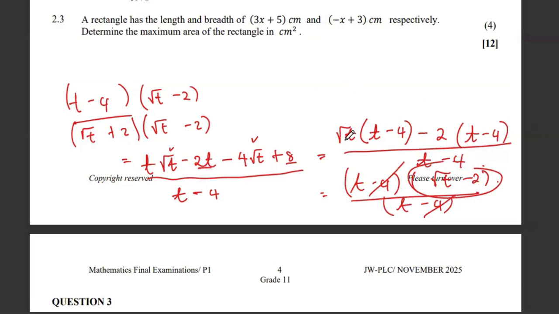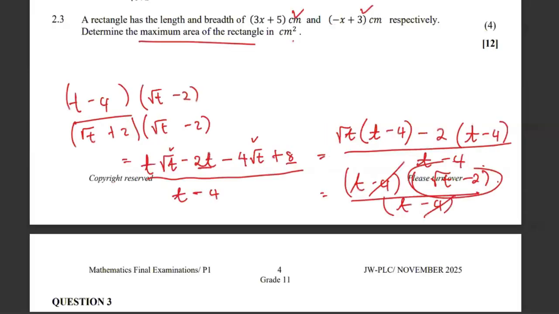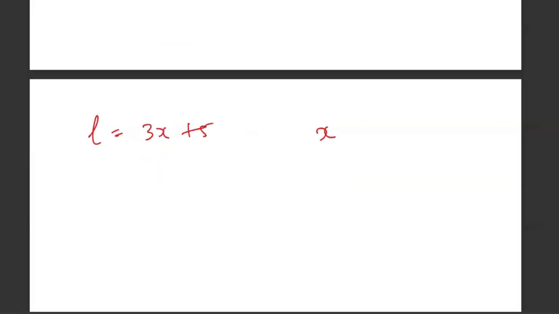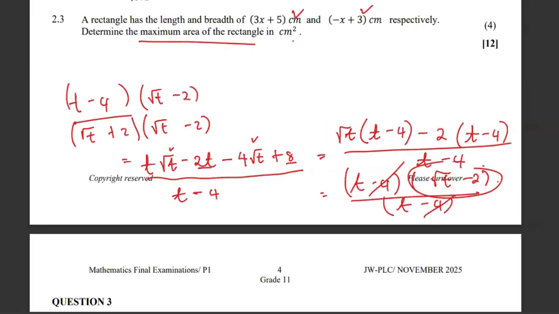A rectangle has the length and the breadth to be this much. Determine the maximum area. So 3x plus 5, and then minus x plus 3. So 3x plus 5, minus x plus 3.